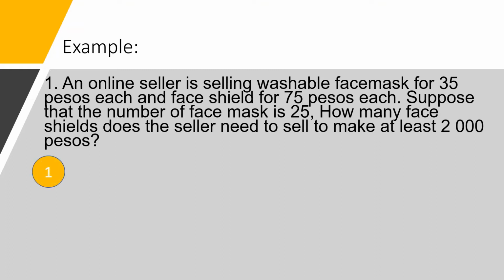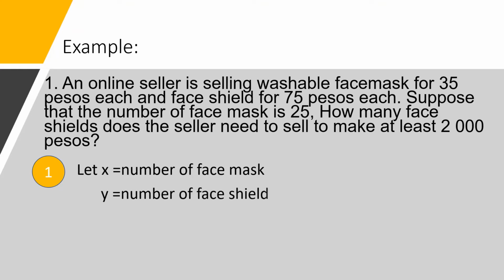So using step number 1, we have let X be the number of face masks and Y be the number of face shields. Since face masks cost 35 pesos each, we have 35x as the amount of face mask.